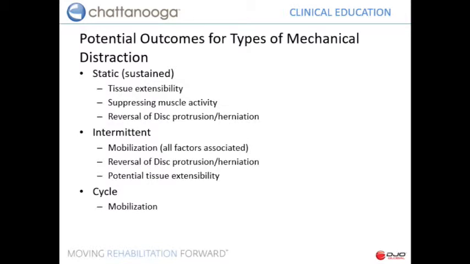Intermittent mobilization, right? So that's the greatest reason. You have two different levels of intensity that result in a gradient, and that causes mobility if you're using the right device. So if you have someone who's hypomobile, this works really well, because it creates mobility and all the factors associated with that.